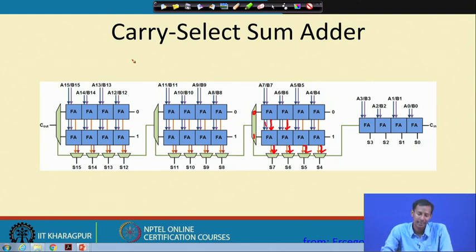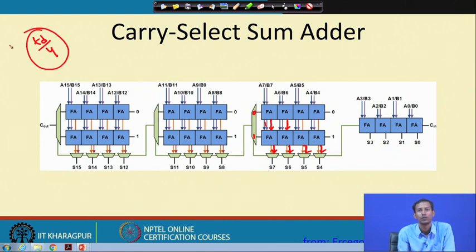But here the delay, if I roughly estimate, I can reduce. This is only a rough estimate, I am not saying this is the final one, because as there is the mux, it will again take some time.